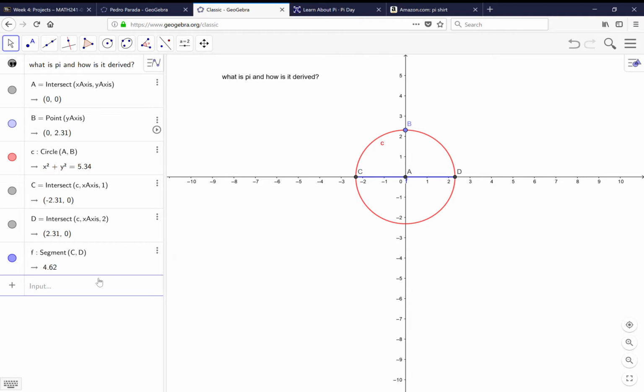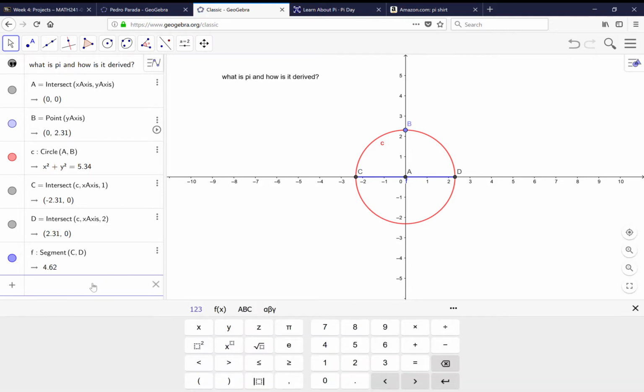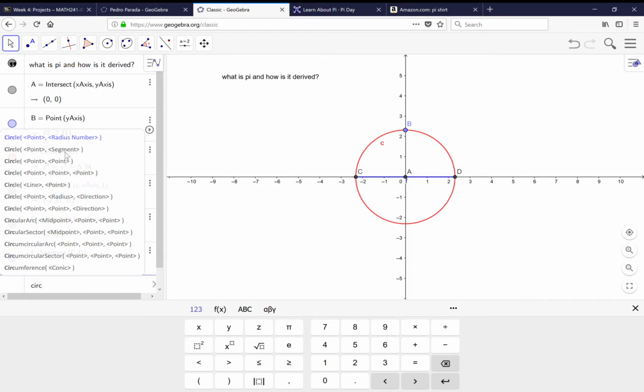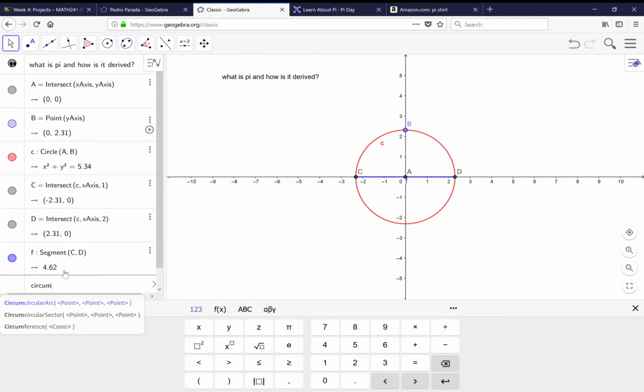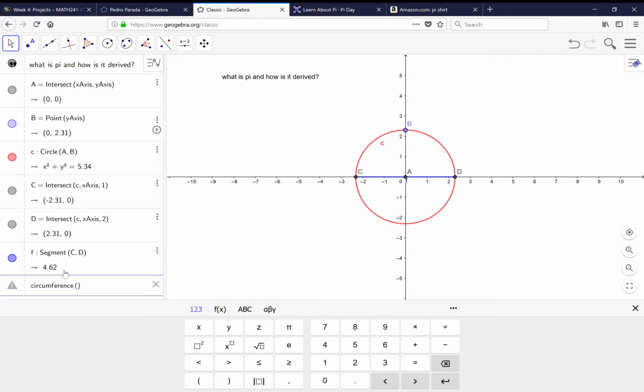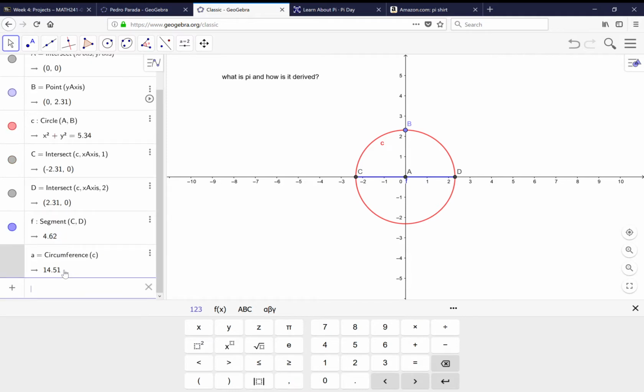So the first thing I want to do is divide. Let's divide the circumference of our circle, which is C. Enter, and we get our circumference, 14.51.